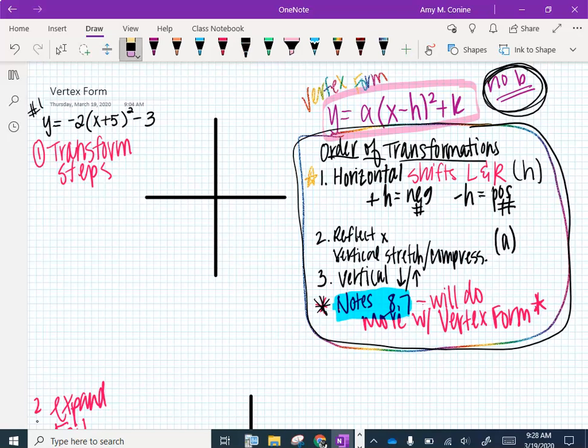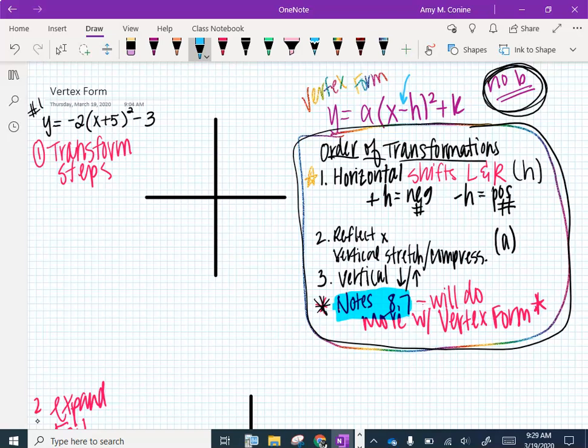So the first thing we're going to talk about is horizontal shifts, left and right. Okay, so you have vertex form here. You have a times x minus h, that squared, plus k. So you now have an h and k in there. I'll talk about what those are in a second. But you have this standard minus sign in here.